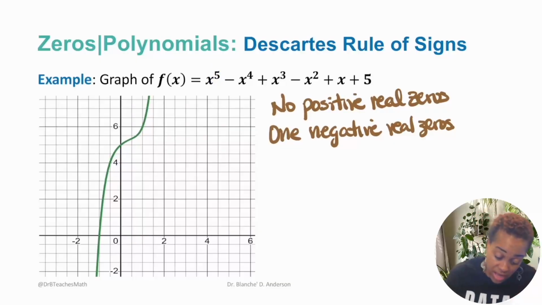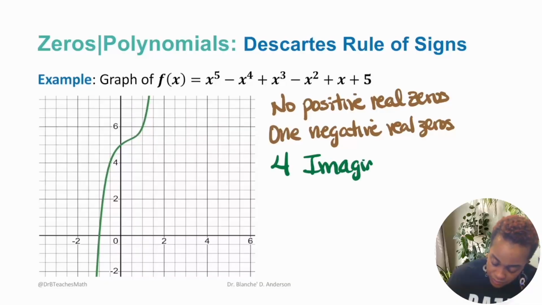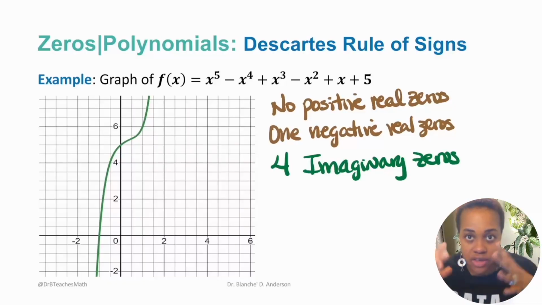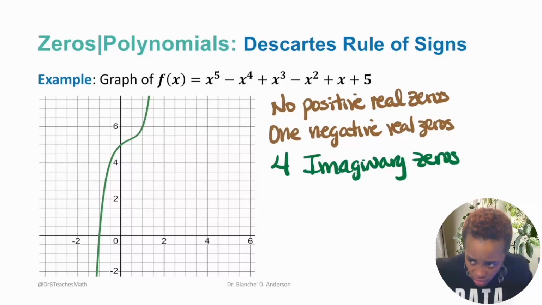So that means we're going to have what? 4 imaginary. So you see how I'm doing that? Without even doing a lot of algebra, you can know these are the zeros I'm expecting, so that you can get to the answer more effectively.